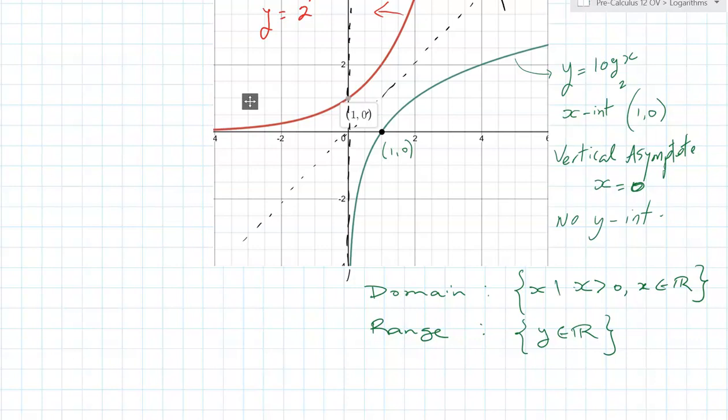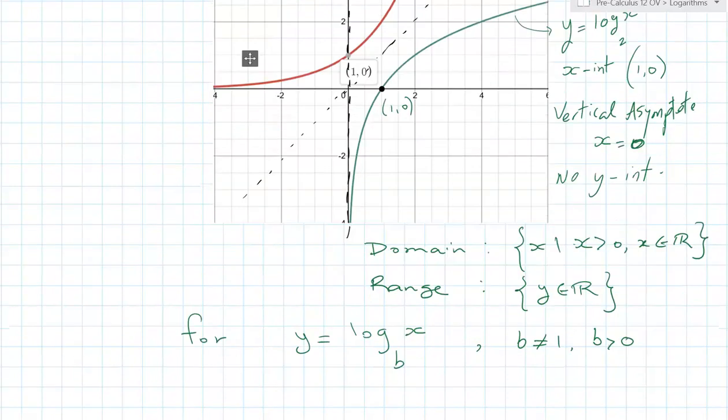The last piece to pay attention to is that for any y equals log of x base b, the base b cannot be 1, and b has to be greater than 0. This is a very important part. Remember these restrictions on the base, and of course x has to be greater than 0.